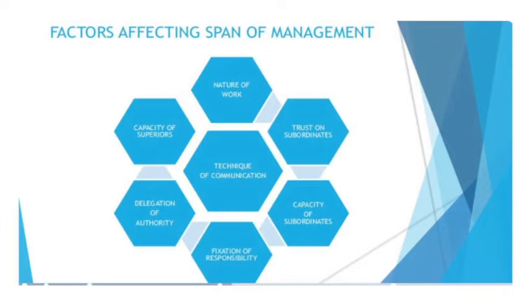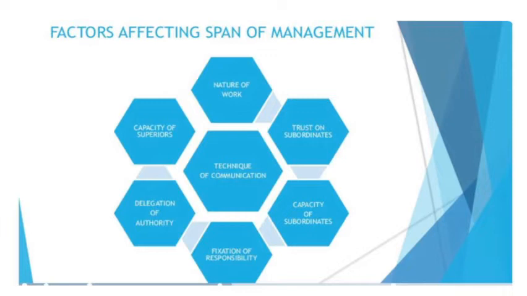So whenever we are deciding a superior, we have to understand the capacity of subordinates, and appoint a superior whose expertise is greater than that of the subordinates. So capacity of subordinates is a very important factor when deciding whether the span of management will be long or short.